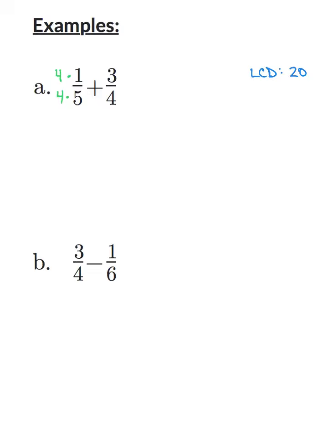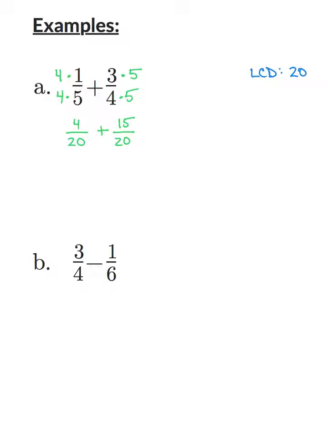We need to multiply by 5. And again, whatever I do to the bottom, I do to the top. So let's see what we get here. We get 4 times 1 is 4, over 4 times 5 is 20, plus 3 times 5 is 15, over 4 times 5 is 20.